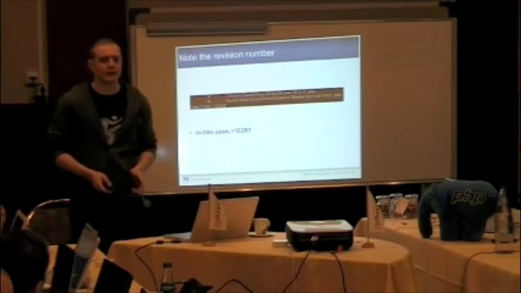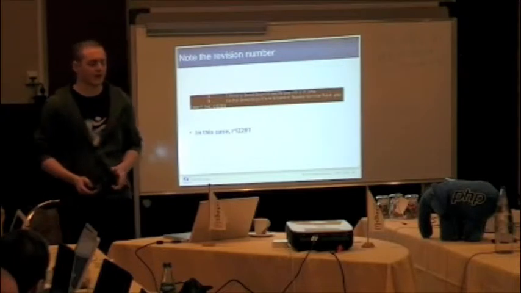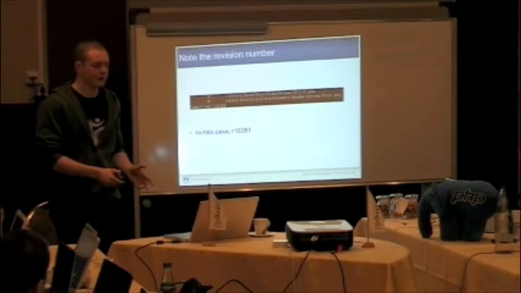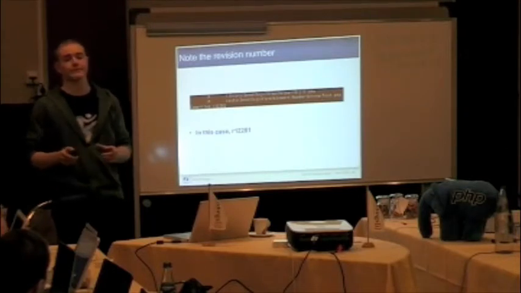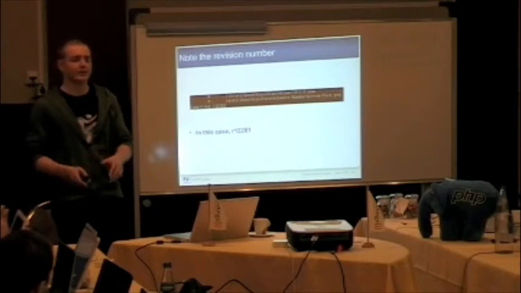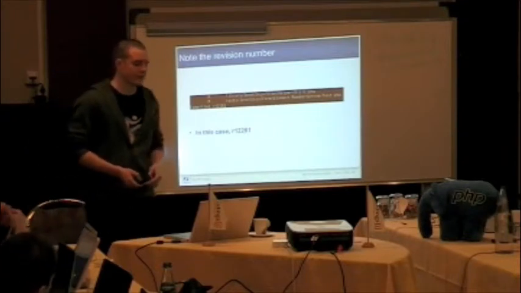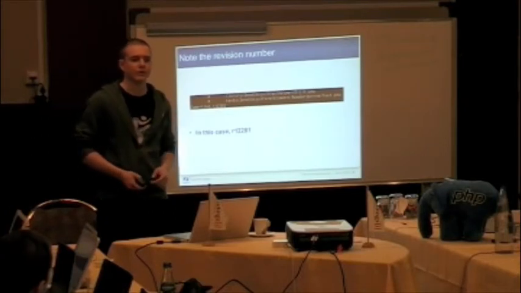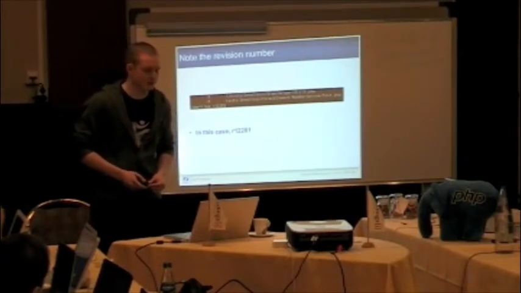You should write that revision number down or copy paste it, remember it, because you're going to need to comment that revision number in Jira, in the issue tracker, so the patch can be linked to a specific revision. This is needed because patches may be rejected and it's easy to just move one revision out of the Subversion repository instead of looking manually for the fix somewhere.